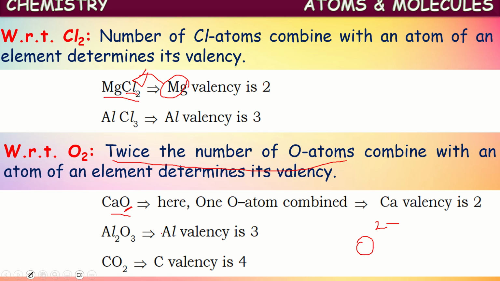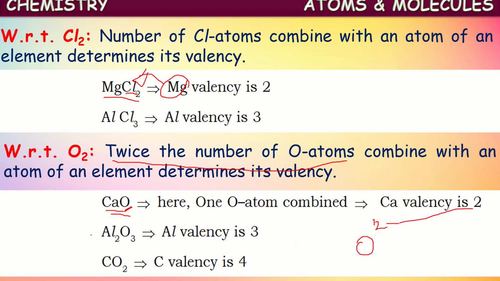So the number of oxygen atoms combining with one atom of an element, twice that number determines the valency of that element. Here calcium is combining with one atom of oxygen, so twice the number of oxygen atoms. Here one is there, now you have to take two. So calcium valency is how much? 2. Here calcium valency is 2.